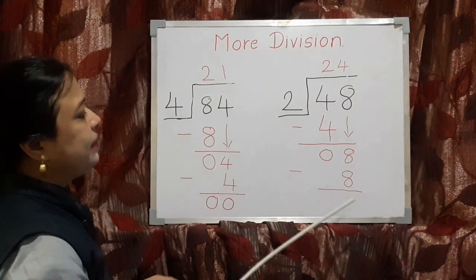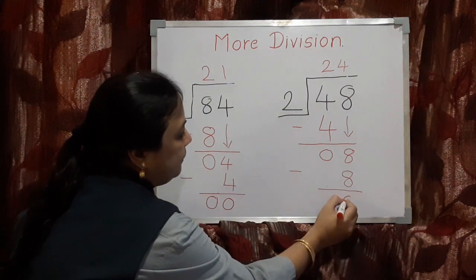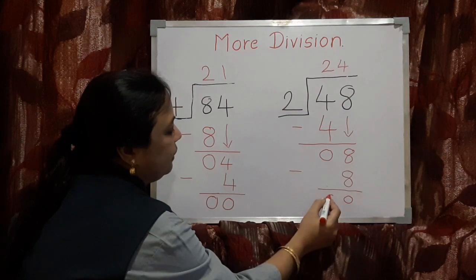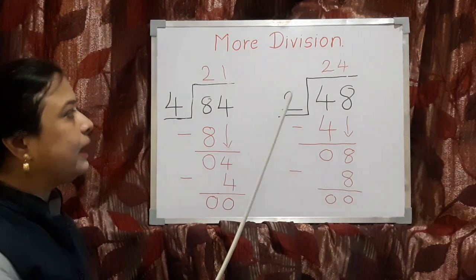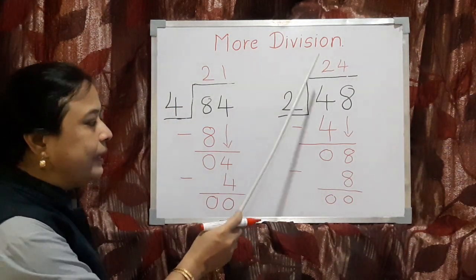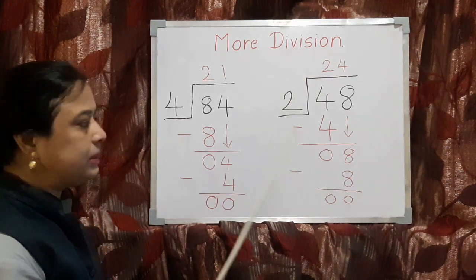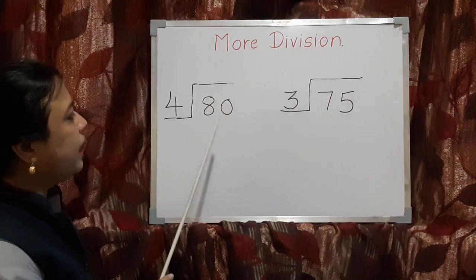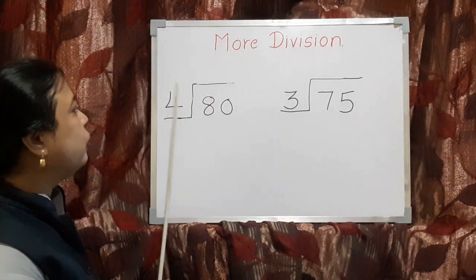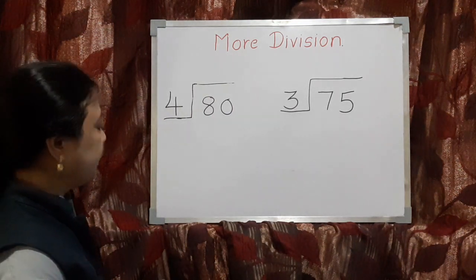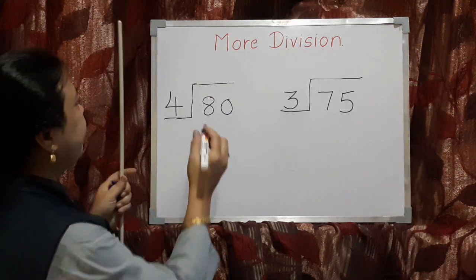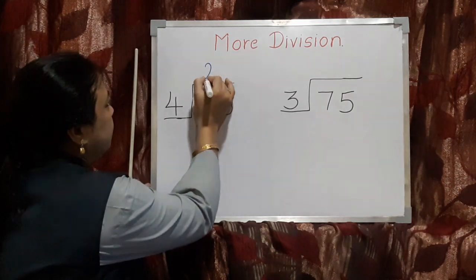Okay, 8 minus 8 will be 0 and 0 minus 0 will be 0. Okay, so the answer is here 24 and the remainder is 0. Now 80 divided by 4. So here again the same thing, 4 2s are 8.